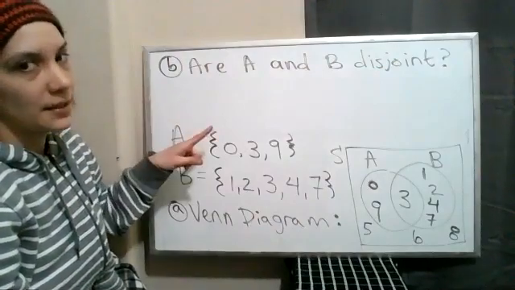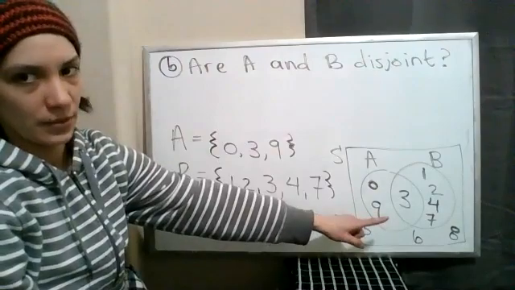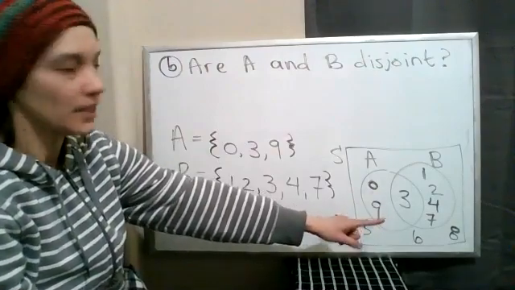A and B are not disjoint since they share the element 3, or they share a common element.